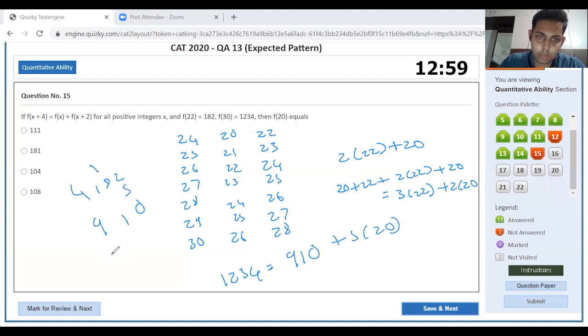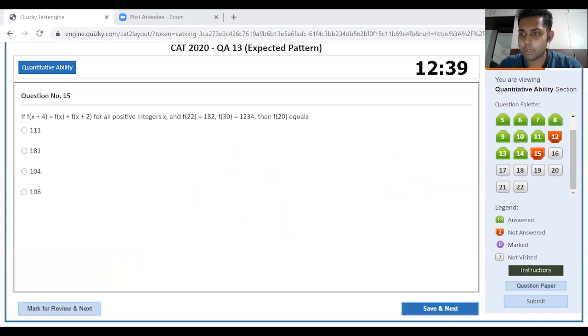So this is 234 plus 94, which is 324, divided by 3, which is 108. Got it.